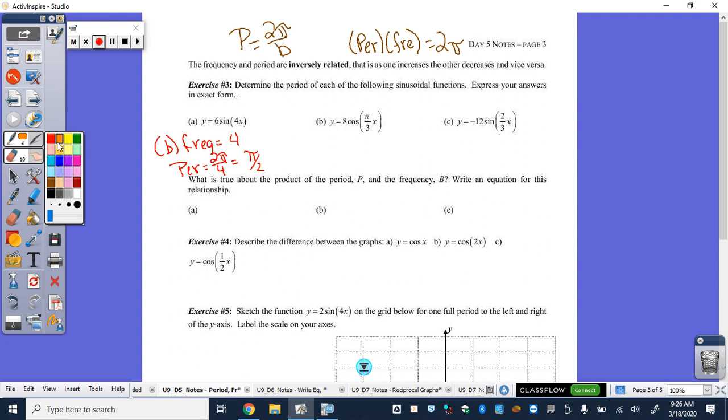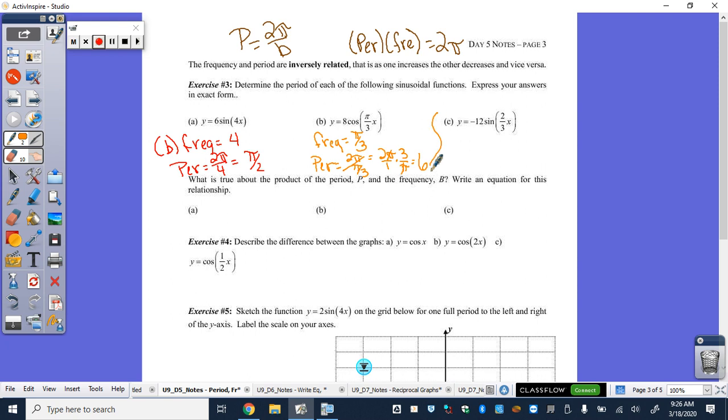For letter B, frequency is pi over 3. Period would be 2 pi over pi over 3, which again, it would be 2 pi over 1 times 3 over pi.